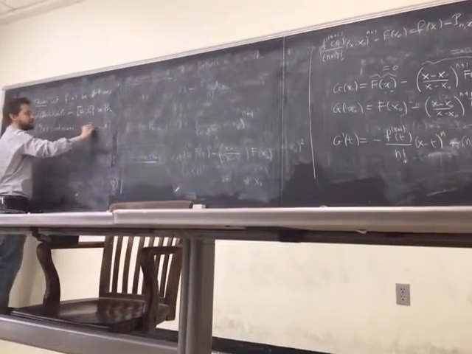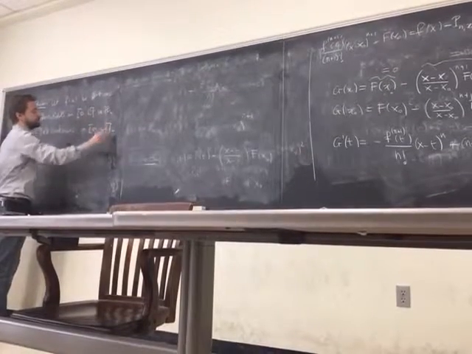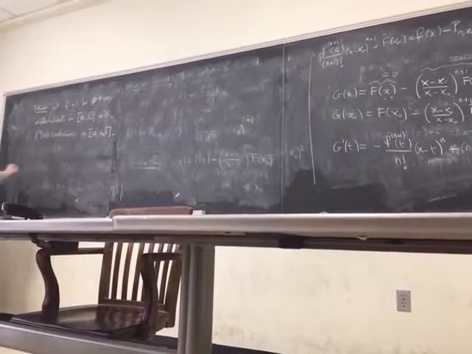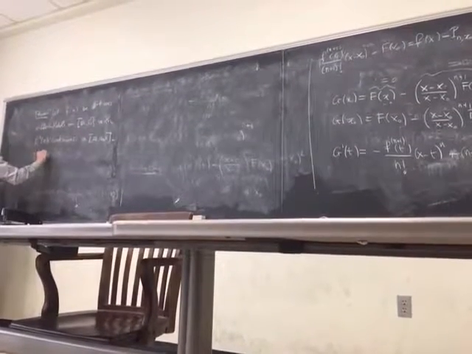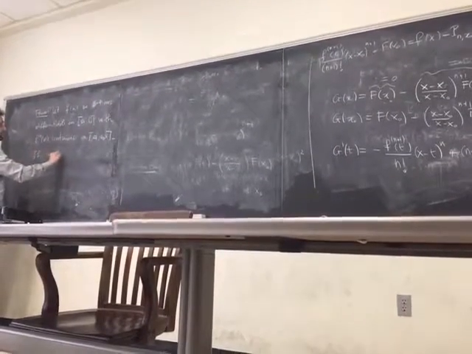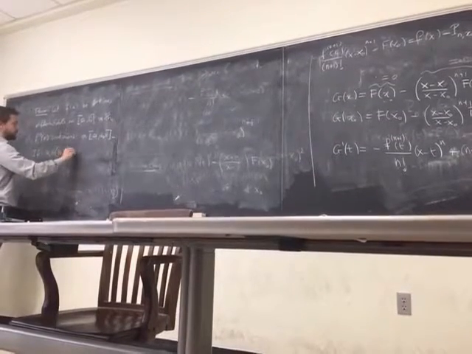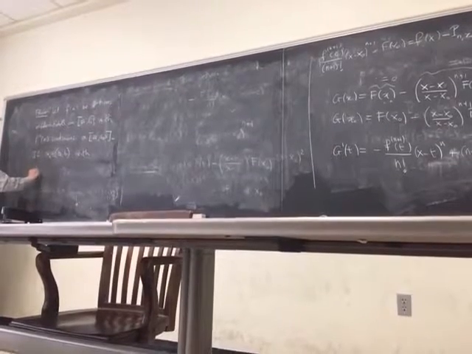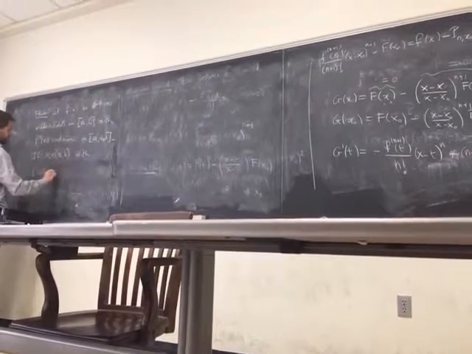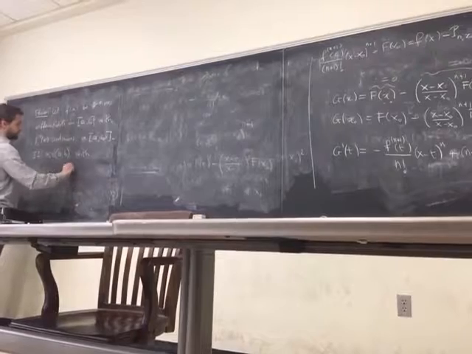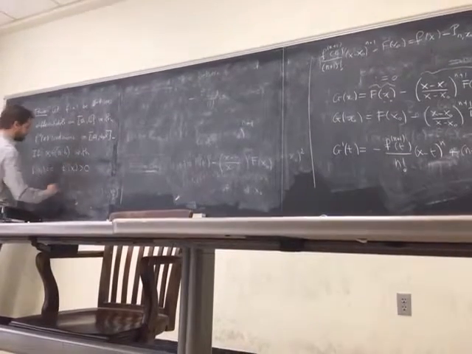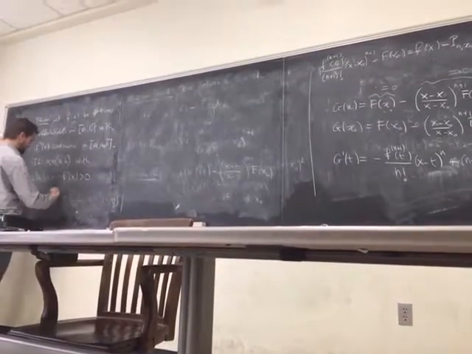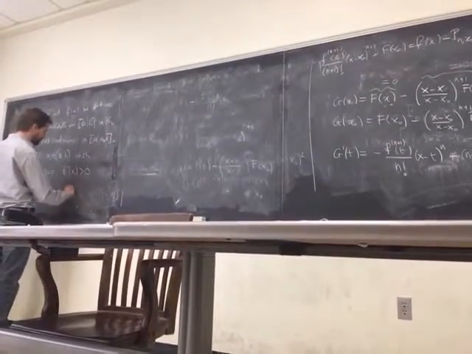So you need the second derivative not only to exist but to be continuous. Then if x naught is an interior point of (a,b) with f prime of x naught equal to 0 and f second of x naught positive, then x naught is a relative minimum point.